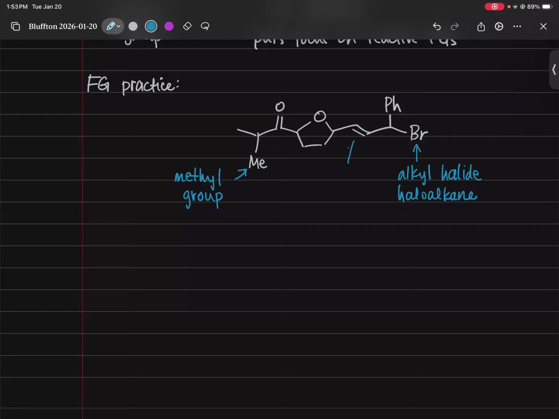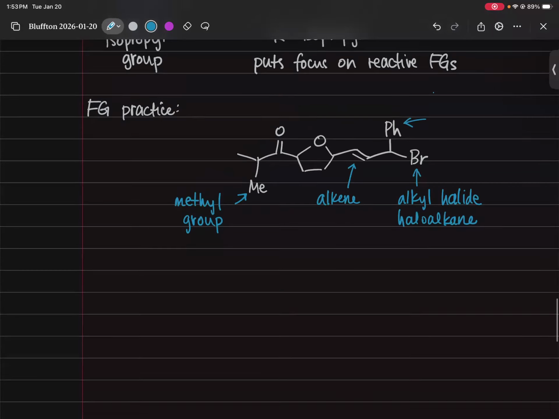What about the double bond that has a specific name? Yeah, alkene. What about the Ph? That one gives you half the answer almost, but yeah, phenyl.